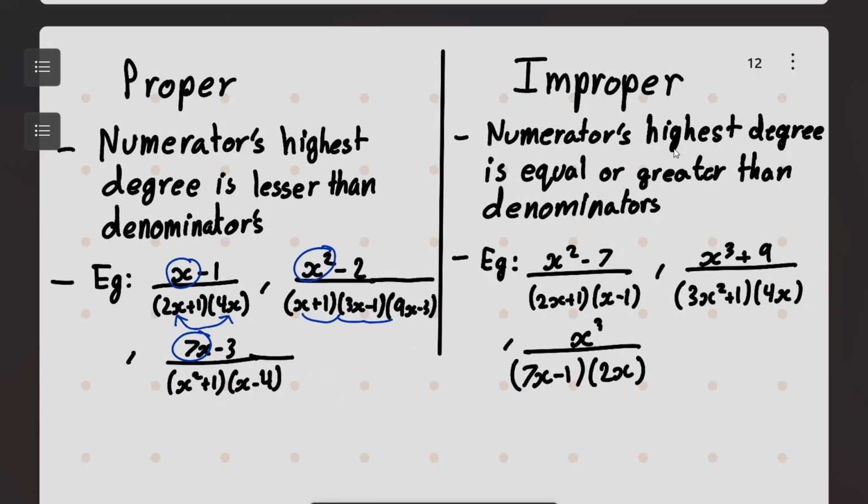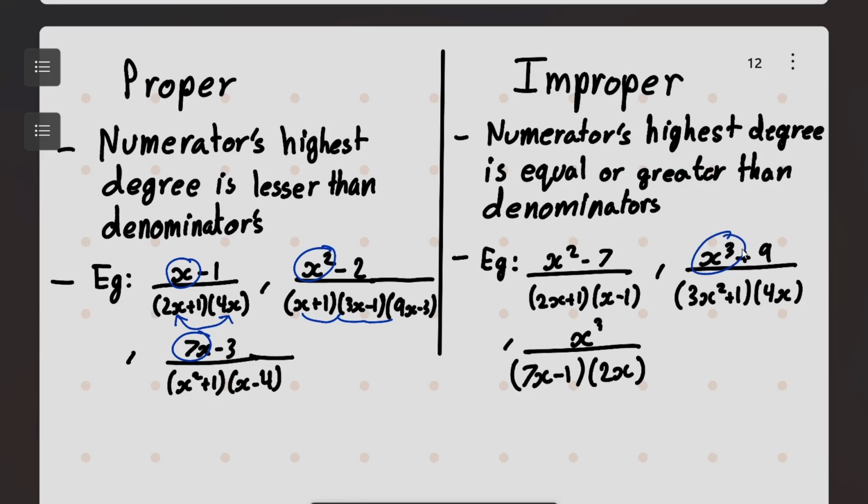In an improper fraction, the numerator's highest degree is equal to or greater than the denominator's. So what that means is that in this first example, the degree of the numerator is 2. While if you multiply the denominators, 2x times x, you get 2x squared, where your numerator and denominator have the same degree, which means this is an improper fraction.